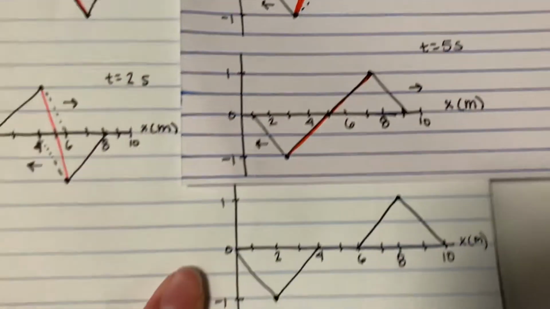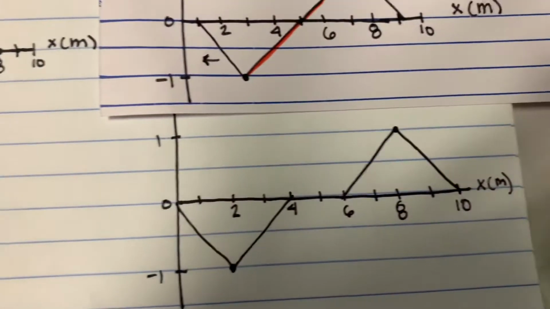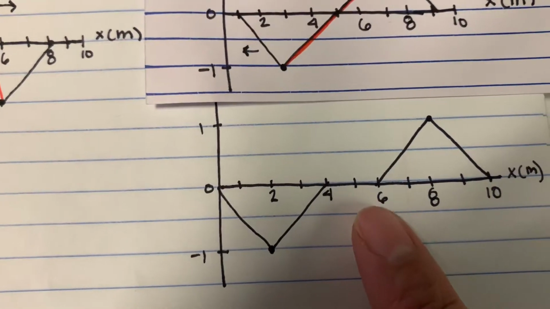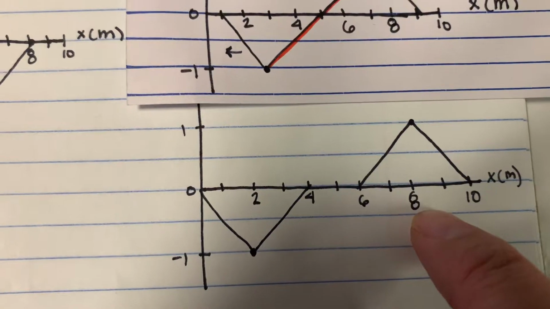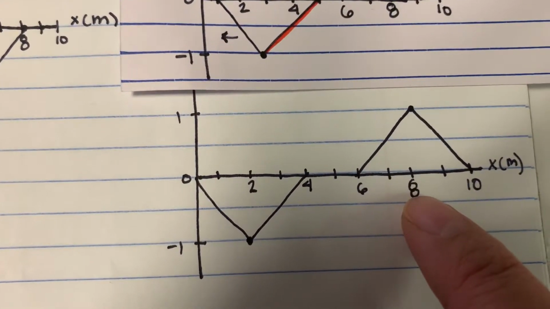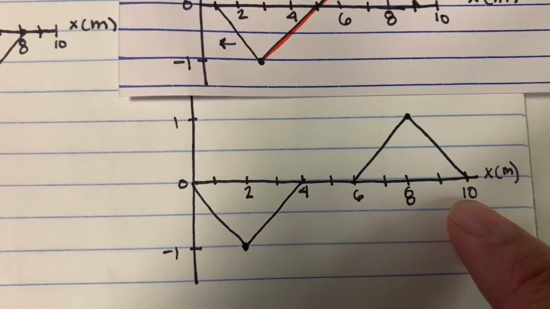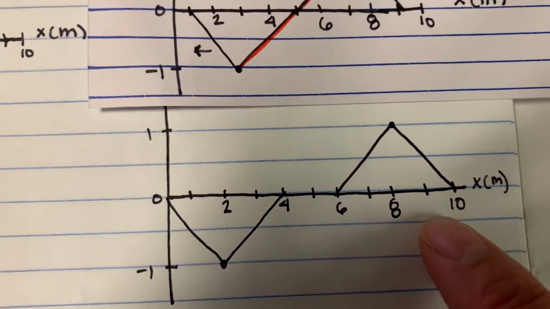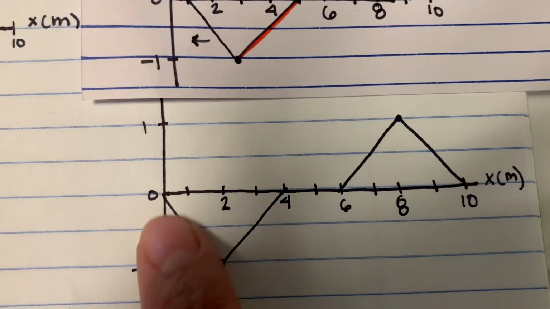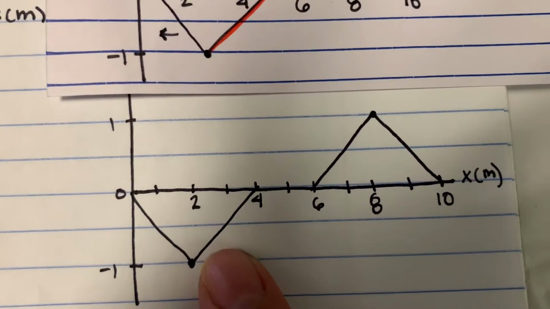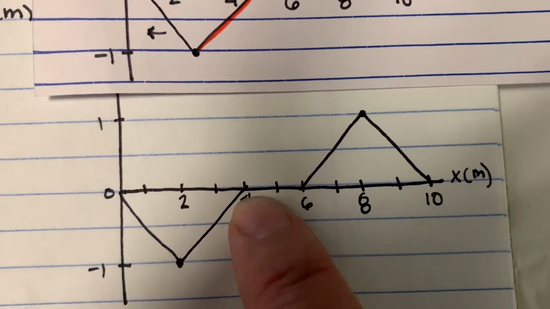And then for t equals 6 seconds, the waves have now shifted over completely. So the positive graph is starting at 6, and then it has an amplitude of 1 at x equals 8 meters, and then another point at x equals 10 meters, and then same for the negative graph, you have a point at 0, and then another point at x equals 2, and then the amplitude at -1, and then x equals 4.